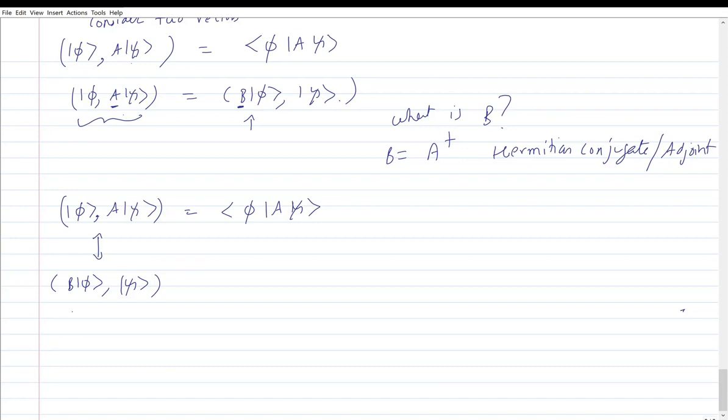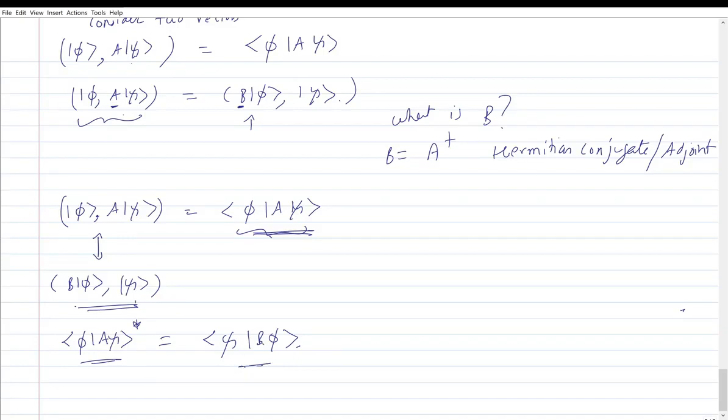So this inner product is equal to this inner product. This is just trivial mathematics. The goal over here is to just evaluate B. So the complex conjugate of this inner product is this guy, which should be equal to the complex conjugate of this inner product.